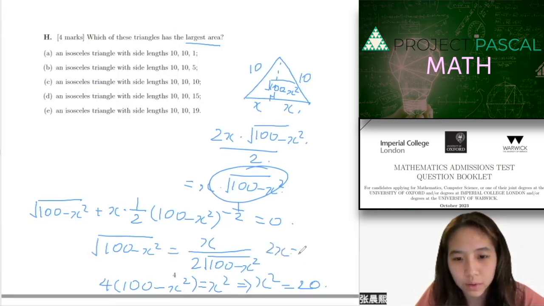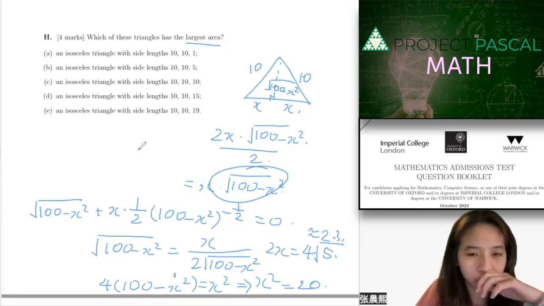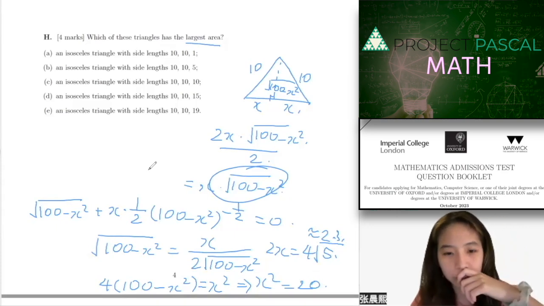So 2x is equal to 4 root 5. And root 5, you kind of got it, and it's around 2.3, if I'm not wrong. So then that will be closest to, hold up.